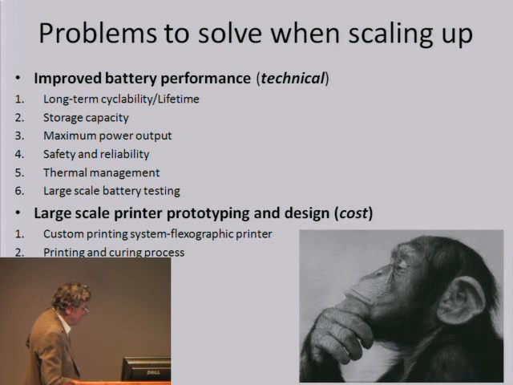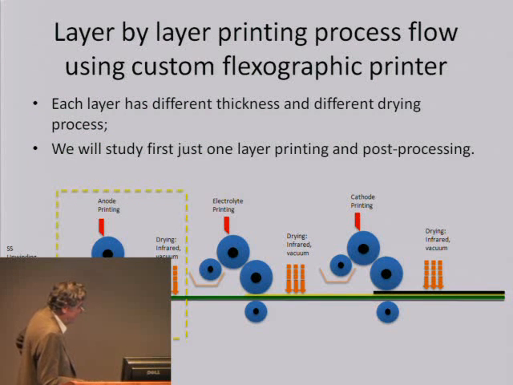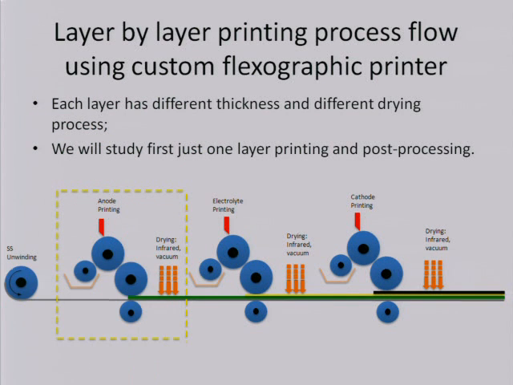We have to think about printing and curing, as you'll see in a few moments, so that if we're printing, say with a flexographic printer, which is one of these roll printing devices, I'm showing 3 printing stations here. Actually, there will be 5. You want to lay down something called a current collector, then you print the anode, then you print the electrolyte, then you print the cathode.